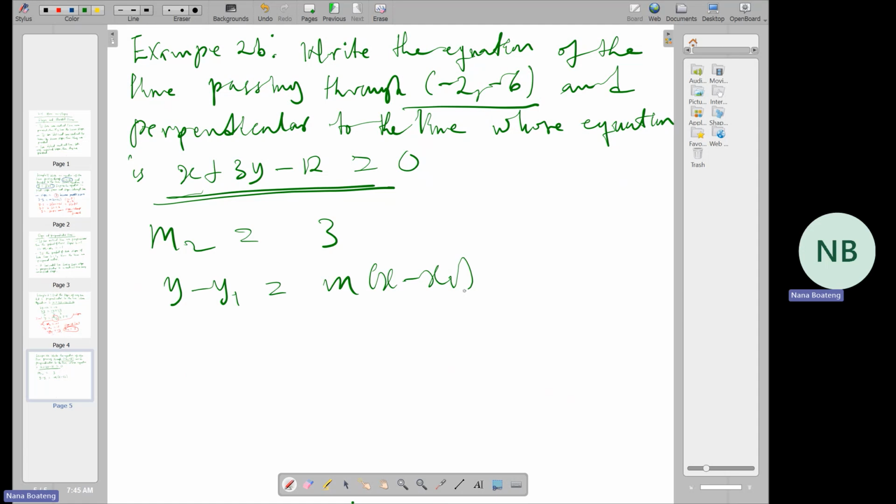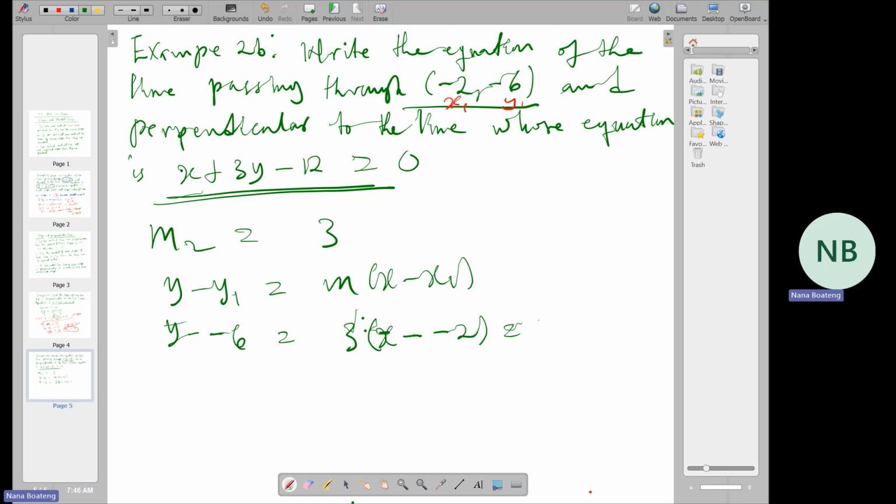Our x1 is -2, and our y1 is -6. So y minus -6 is equal to m, which is 3 from the previous example, times x minus x1, which is also -2.